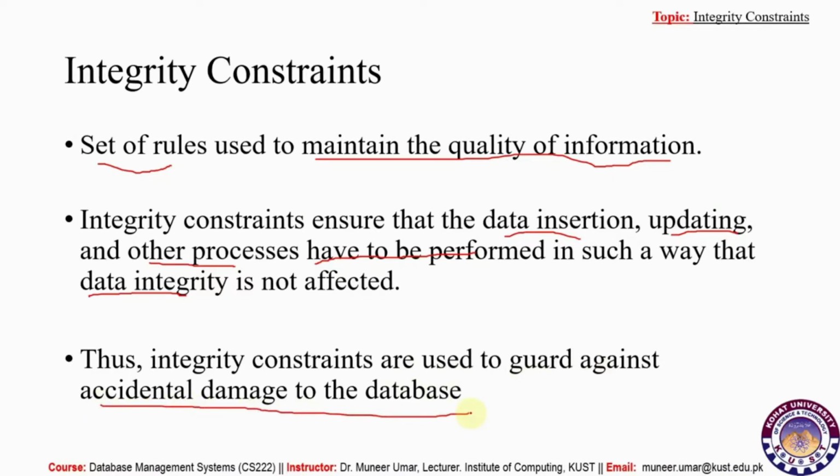Actually, when we design a database, we program our interface to let the user enter correct values, or simply say that we put some rules so that the user cannot enter a wrong value accidentally.